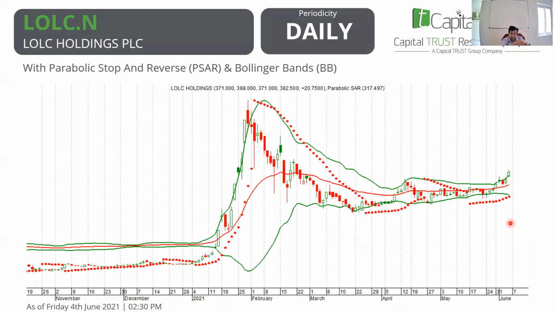Look at the Bollinger Bands. Bollinger Bands. And what does that mean? See, it has shot up above the second standard deviation.